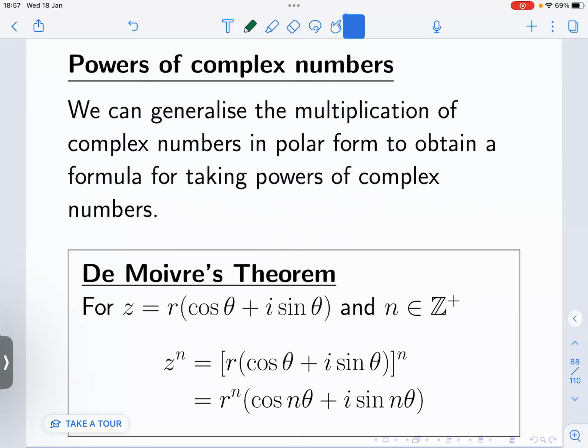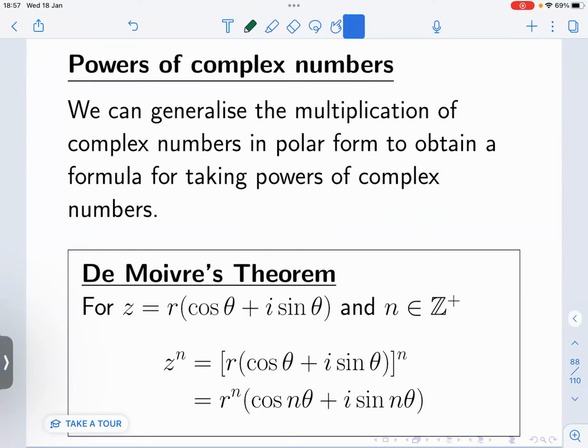Now, if you do that manually, it can get messy and tedious, especially when n is positively large. For something like z squared, it's quite easy. You multiply the same complex number with itself, expand, simplify, and then you get the complex power. But when n is positively large, it can get very tedious.